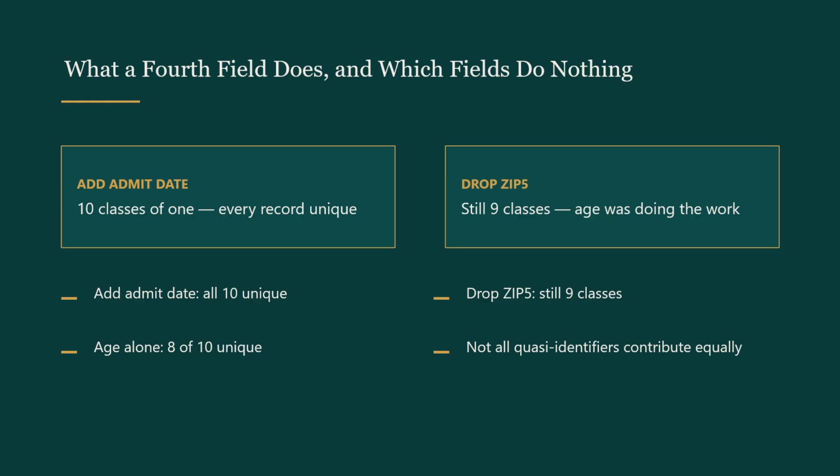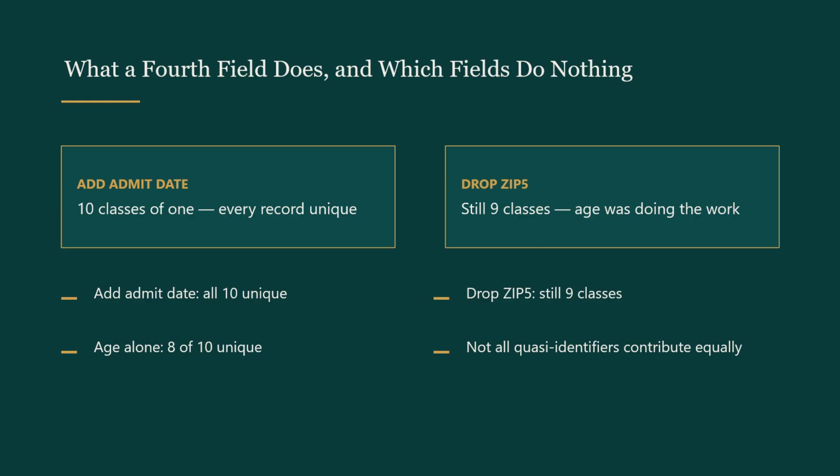That is a genuinely important operational lesson. Quasi-identifiers do not contribute equally, and the temptation to generalize every one of them uniformly is both lazy and wasteful. If age is the field driving uniqueness, then coarsening age buys you real risk reduction, and coarsening zip5 buys you almost nothing here while costing a geographic researcher everything.